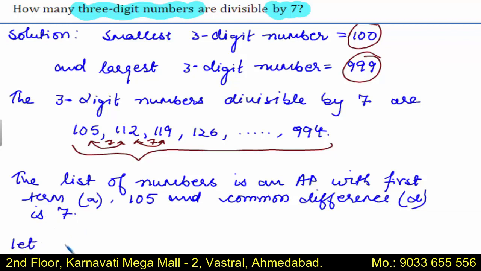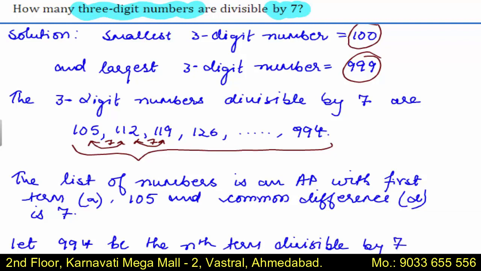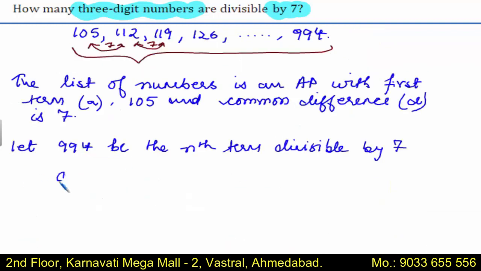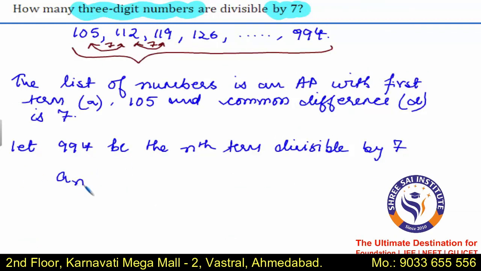Now let 994 be the nth term divisible by 7. This implies that the nth term of the list of numbers is 994.